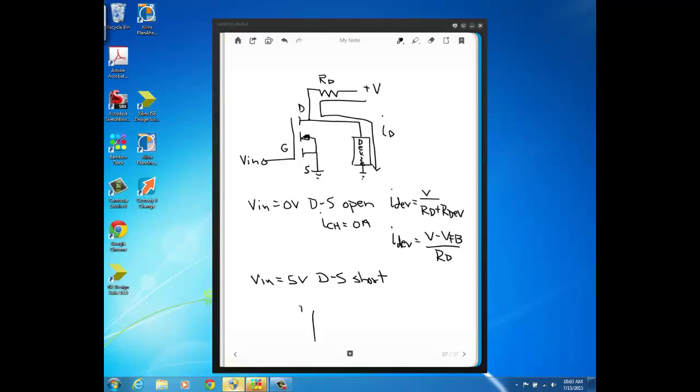You have a short from drain to source that goes to ground like that. Then here's your device, and then you have RD, there's your plus V, there's RD.